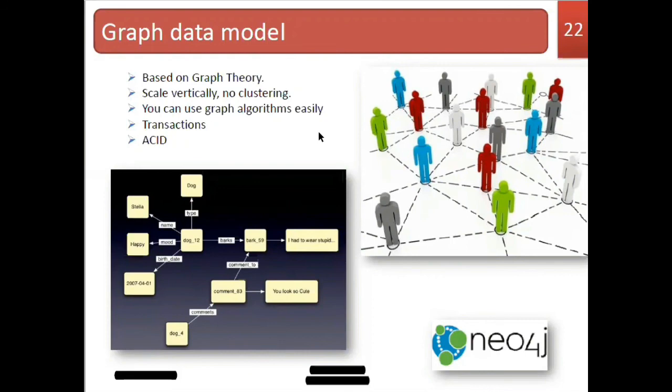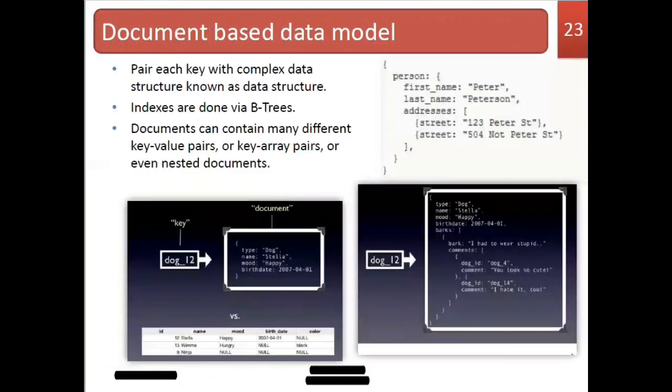It actually uses ACID properties up to some extent. We said that whenever you use NoSQL databases, ACID properties may not be followed strictly, but this particular data model can use ACID properties up to some extent. Neo4j is one of the NoSQL databases we use for the graph data model.